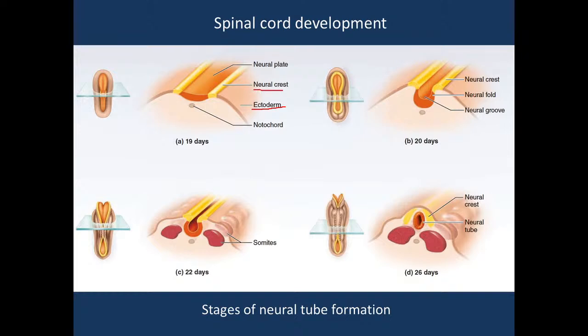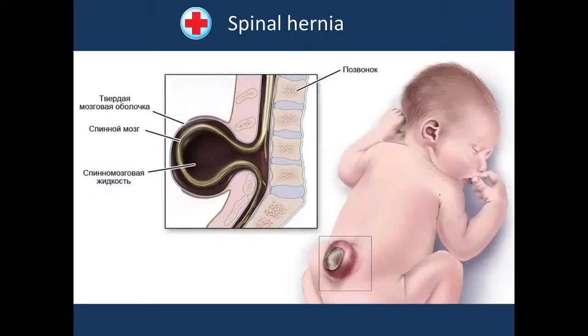Then it forms the neural fold and groove, and then it forms the neural tube here. These are the stages of neural or spinal cord formation.